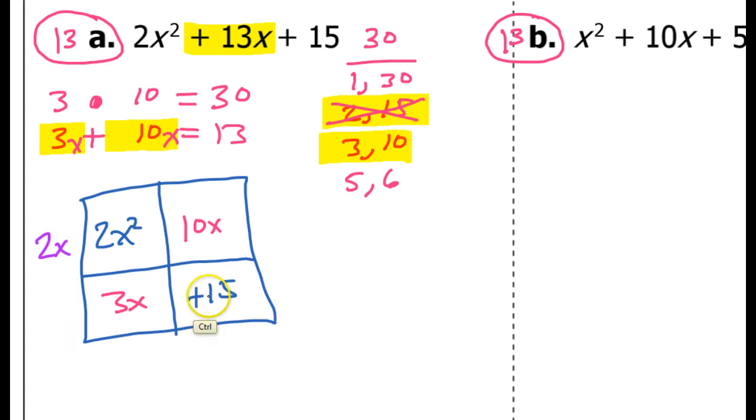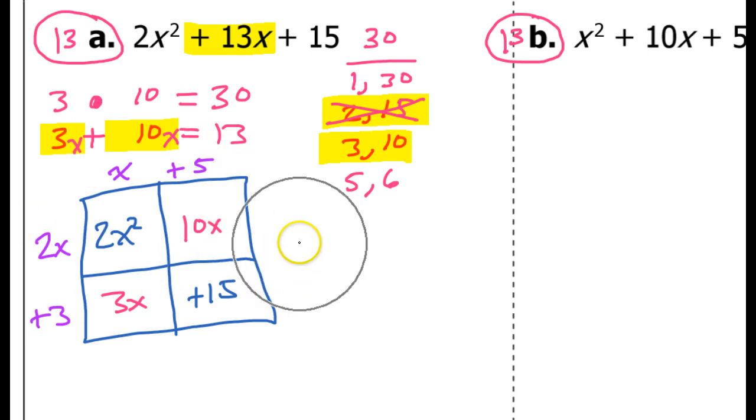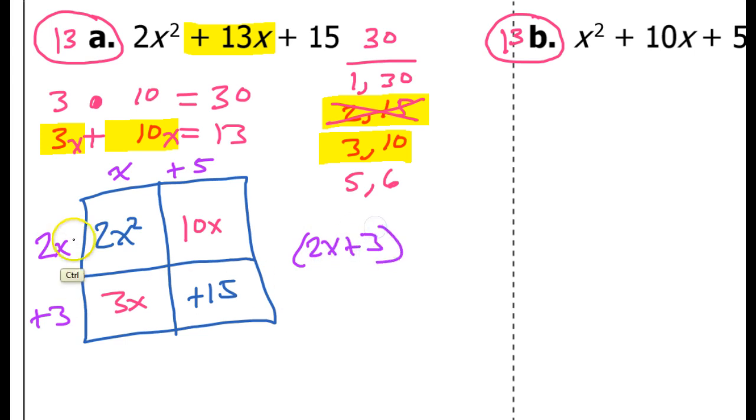The GCF of the second row is 3. The GCF of the first column is x, and the GCF of the second column is 5. So this gives me a binomial times a binomial of 2x plus 3 from the left and x plus 5 from the top. Since there was no GCF at the beginning, this is the final answer.